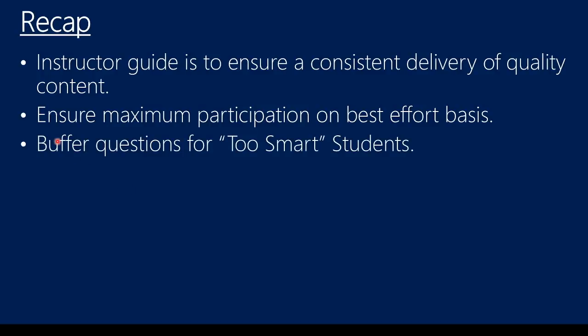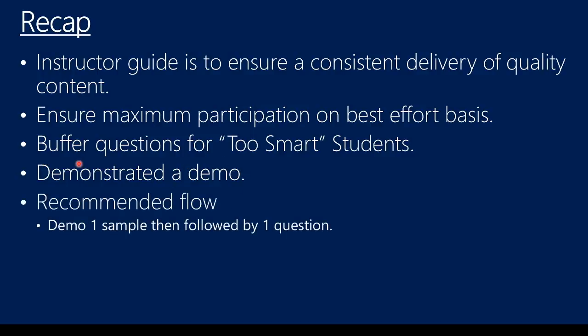I've also showed you some buffer questions for the smart students, which is the level 4 questions in the exercise. If students are moving too fast, you can ask them to focus their effort on solving those questions. I've also demonstrated a full demo on chapter 1, and the recommended flow for the whole chapter is to demo a sample followed by 1 question.